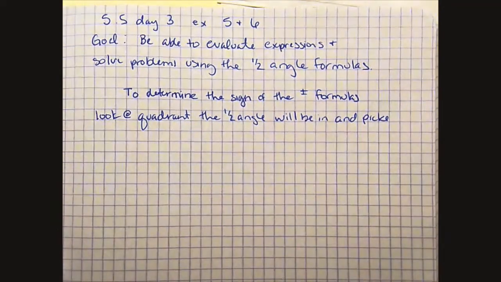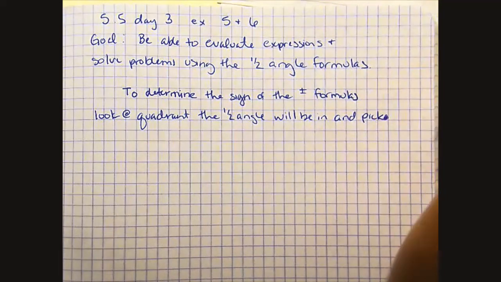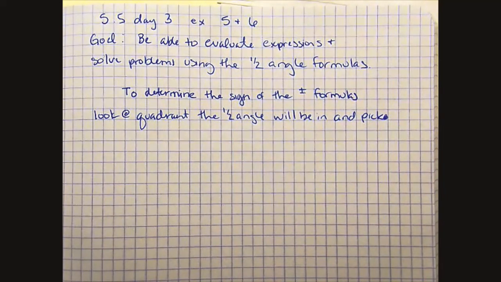For example, if we were trying to find the half angle of 130, half of 130 would be 65. 65 is in quadrant 1 and everything's positive in quadrant 1. I really should have added a sine, cosine, or tangent, but it didn't matter.